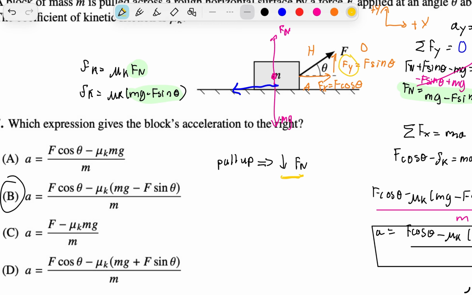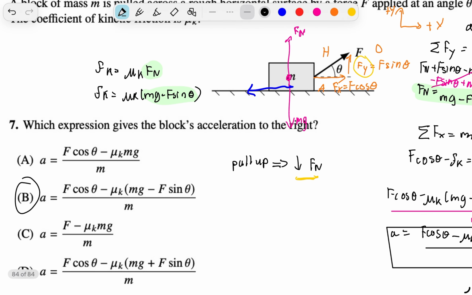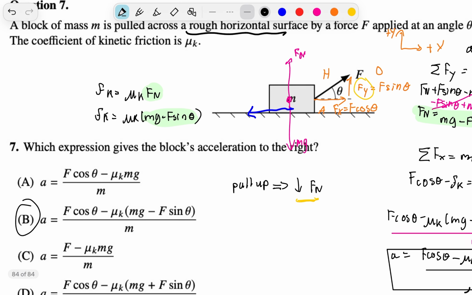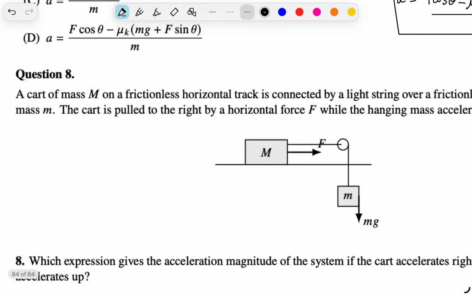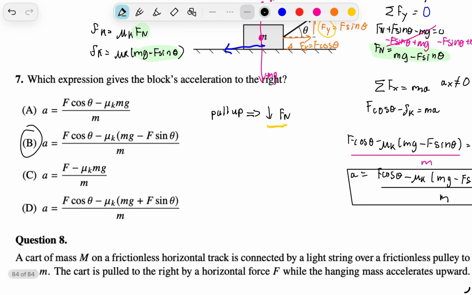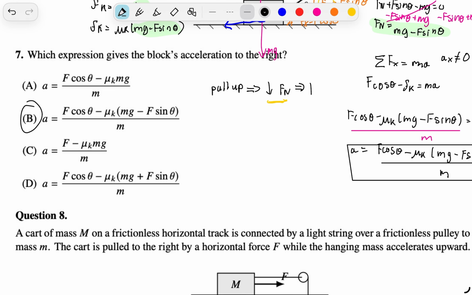So the table has to exert less of a normal force to keep the weight of the block above the table. This is also going to reduce your friction, because you're going to be slightly lifted up off the table, so that's decreasing your Fk.